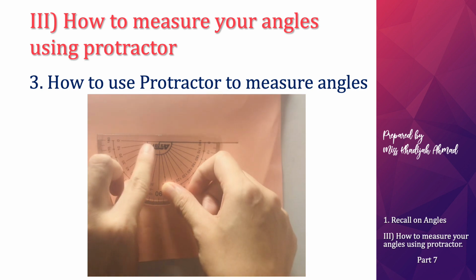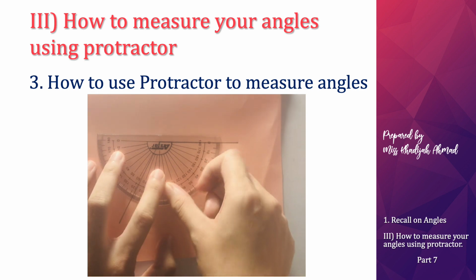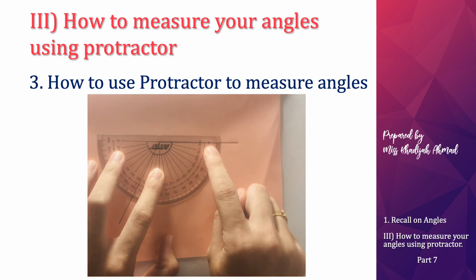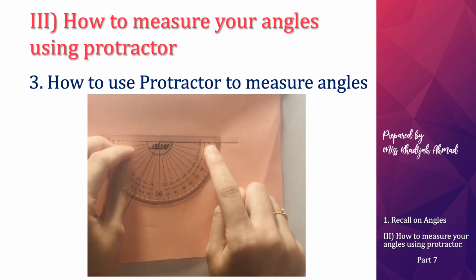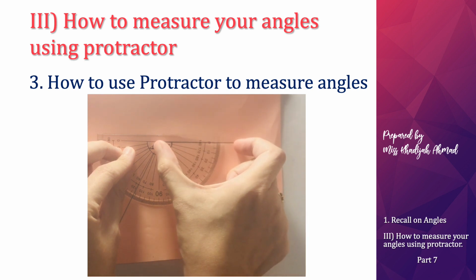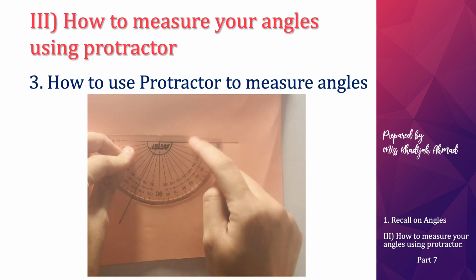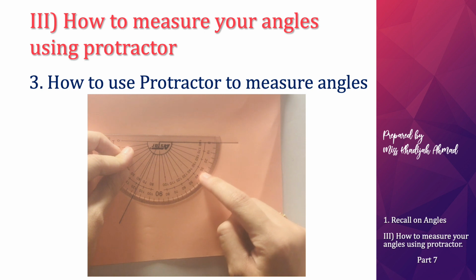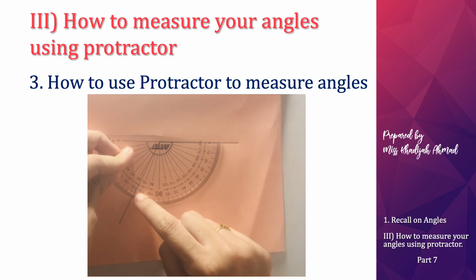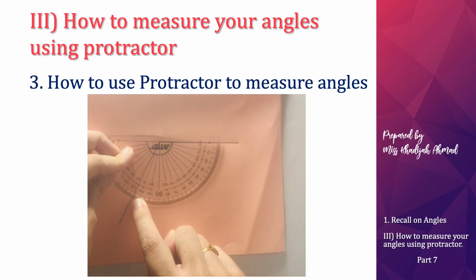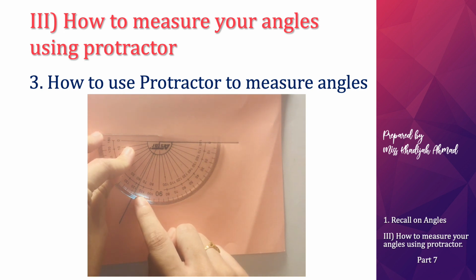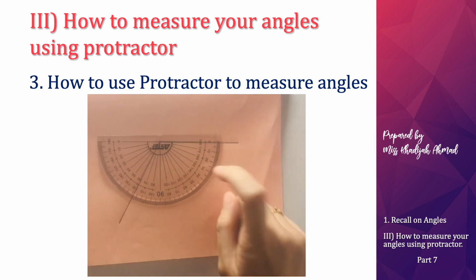So here on the inner scale, there is no line here, so I'm not going to use inner scale. Here I'm going to use the outer scale because my 0 is here. And then before we measure, let's double check if the line here is at 0, the center is here, and the side is also within the protractor. So let's see, from 0 the measurement is 117 degree, and that is how you measure your angle.